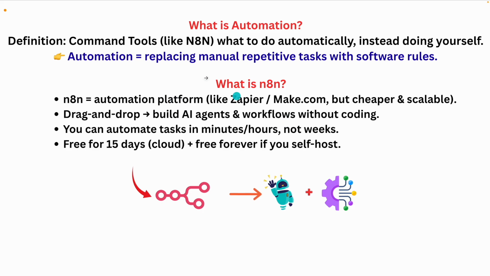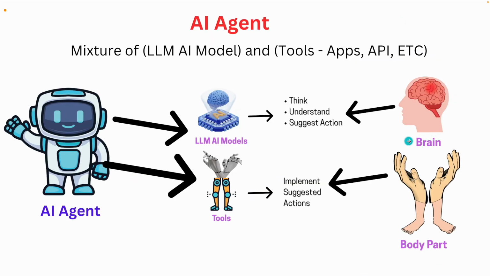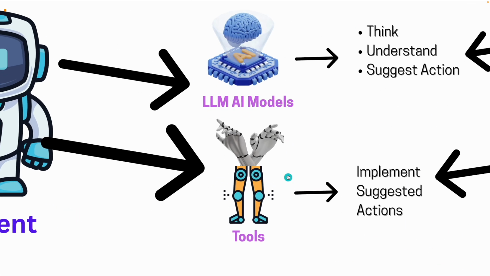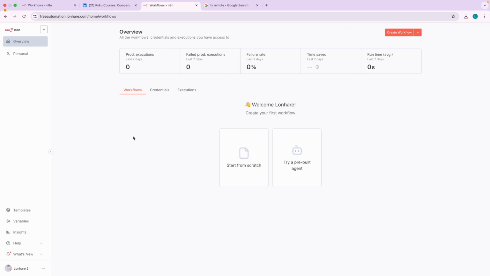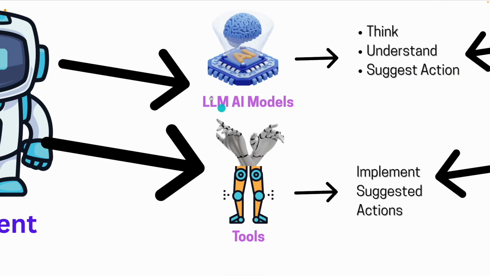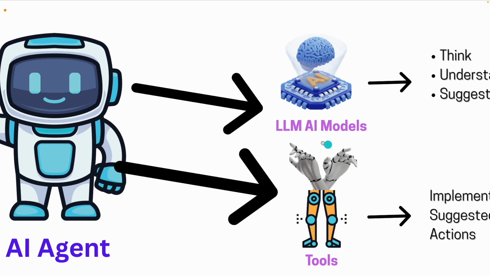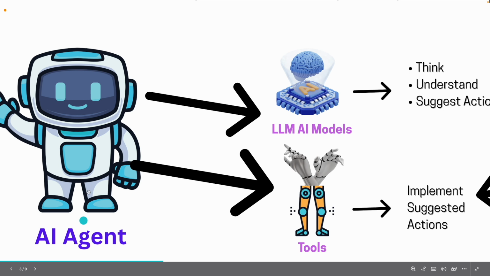Whenever you want to perform any task, you use automation tools like n8n, which allow you to do particular tasks. But to do any task we also need a brain, so for the brain we use LLM AI models, and when both combine, you can call that a robot, or an AI agent.